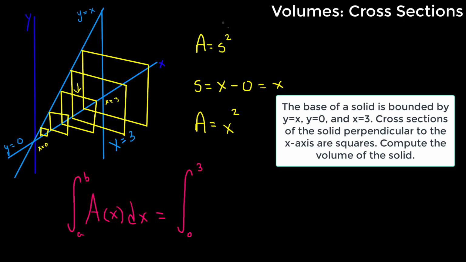Our area function, guess what? We already wrote it out. It's x squared. And then we're computing with respect to x. And again, guys, when we're computing the definite integral, we are summing all of these infinitely thin squares to get the volume.